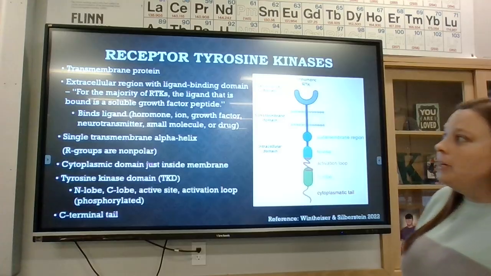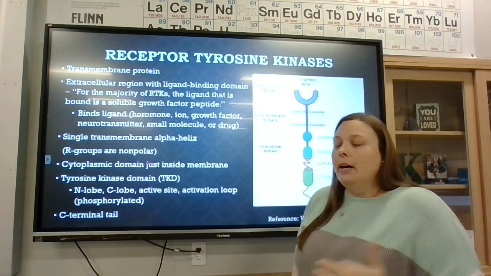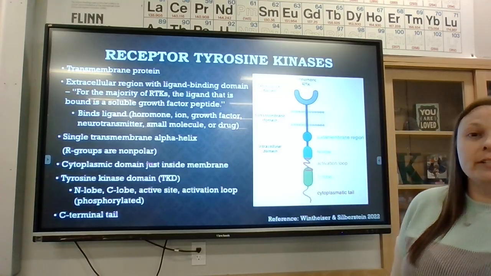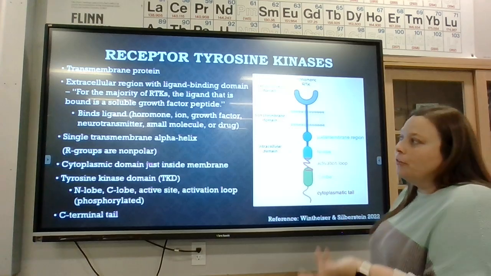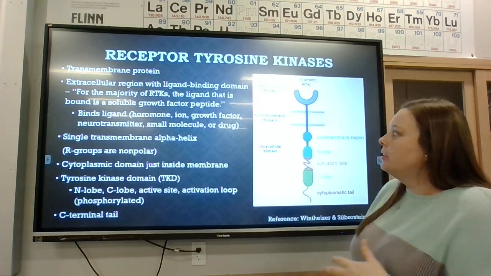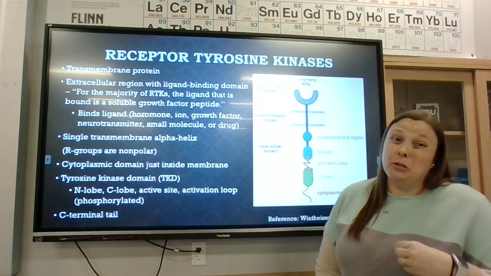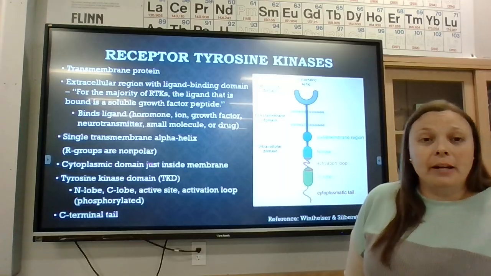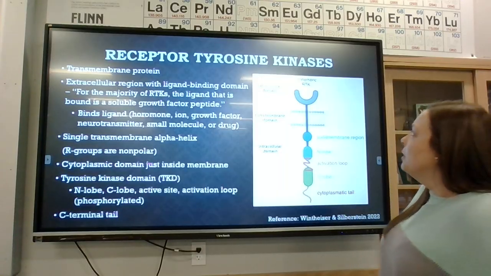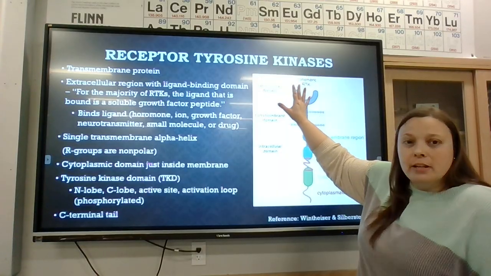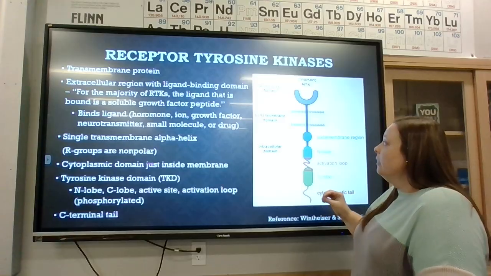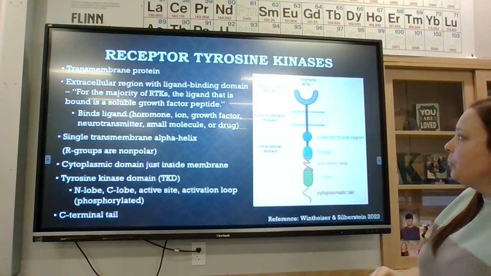Those ligands can be multiple different things. It could be hormones, different ions, growth factors, neurotransmitters, different small molecules. We also can try to target that binding site with drugs, but this is where things in the extracellular space are going to bind the enzyme itself, okay?